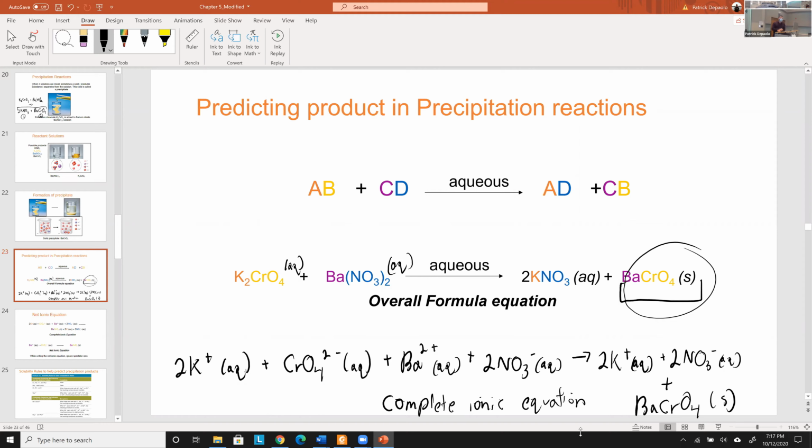That insoluble component is the precipitate. That is how the reaction occurs. If all of your components and all of their combinations are soluble, then no reaction will occur because there's no way anything will change. Those free ions will just keep spinning around and they won't actually bond to anything and become precipitate. So yeah, that's how this happens. Any questions on that?